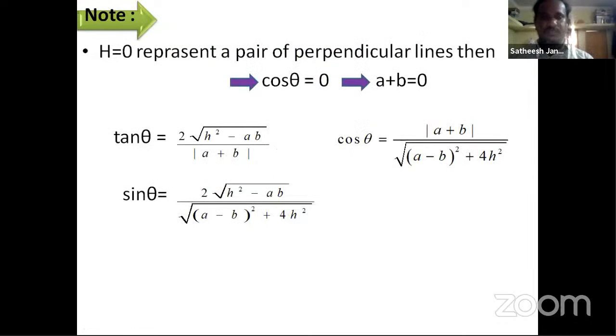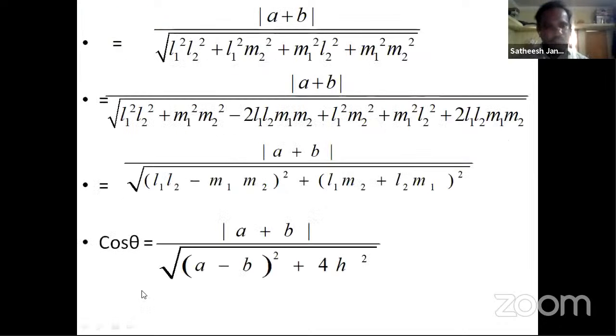Note, students: h is equal to 0 represents a pair of perpendicular lines. Perpendicular lines means theta is 90 degrees. If theta is 90, what is the value of cos theta? Cos 90 is 0. Substitute in the above formula: cos 90 means 0, so the LHS is 0.